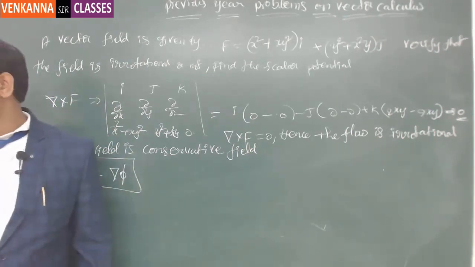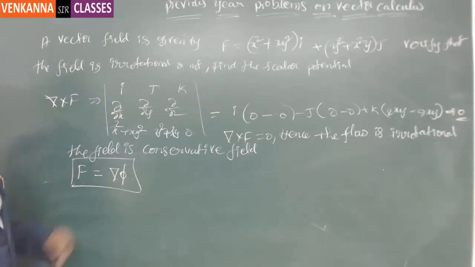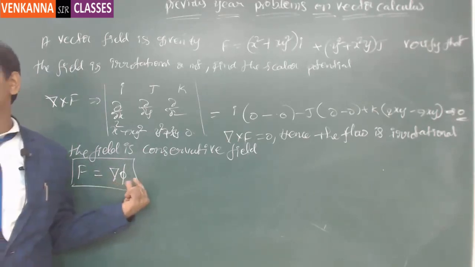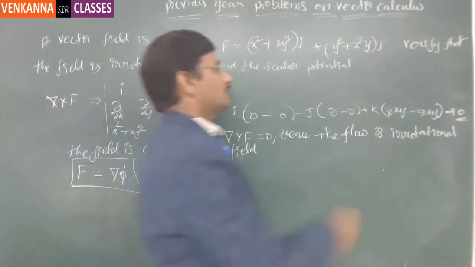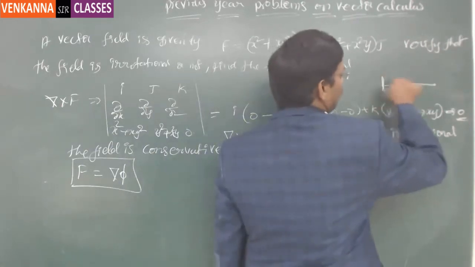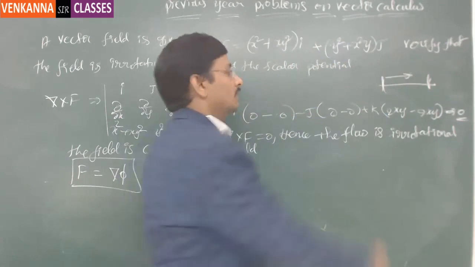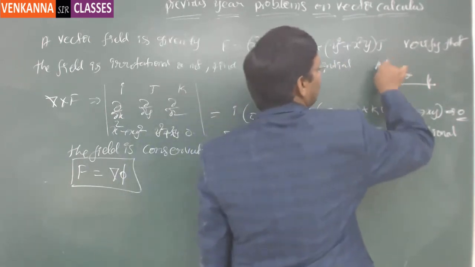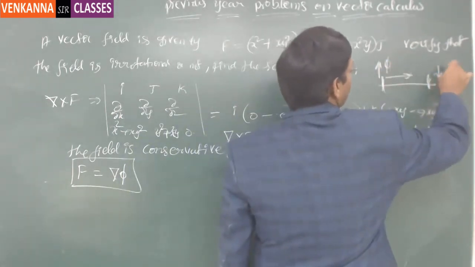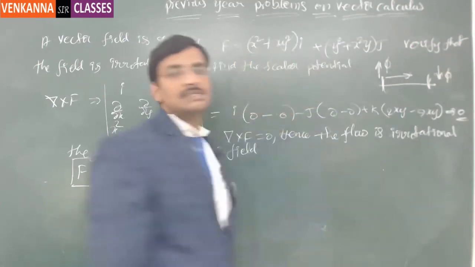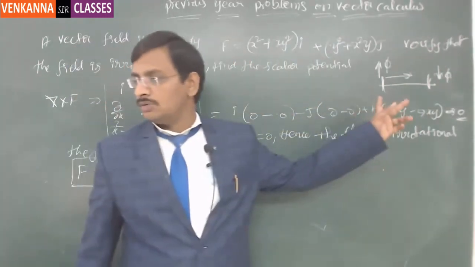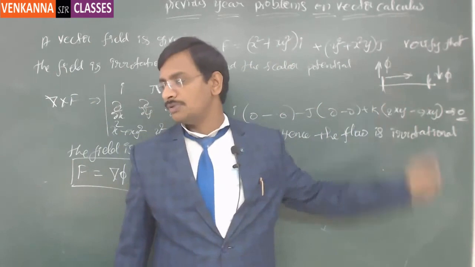That minus sign is introduced because the flow always passes from higher potential to lower potential. If you take this as the positive direction of the velocity, then here a higher value of phi will be there and here a lower value of phi. Hence the difference comes out to be a positive value, but the flow is in the opposite direction.